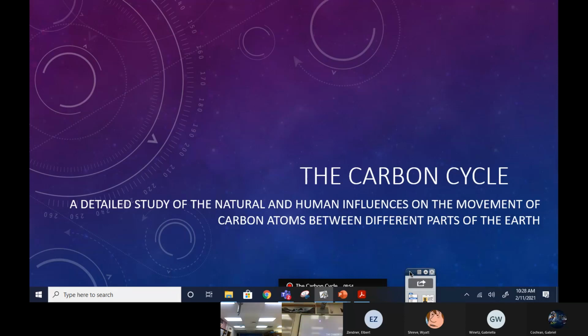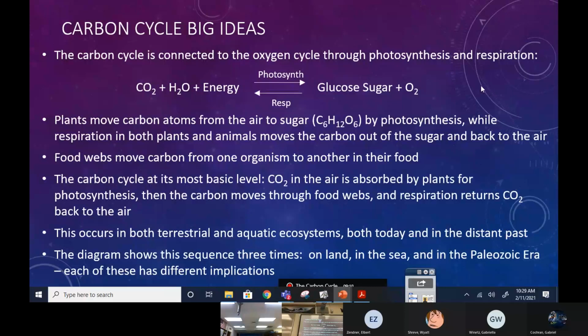So our definition of the carbon cycle, right here: the movement of carbon atoms between different parts of the Earth, between the different spheres. Okay, so the water cycle and carbon cycle are not the only cycles.